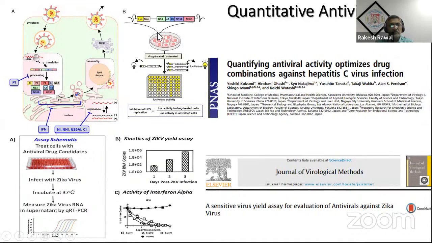So what they do is use a target cell. Usually people use target cells expressing ACE2, so that the virus spike protein can go and bind to that and get entry. But Vero cell is one of the most ideal in vitro cell line systems.